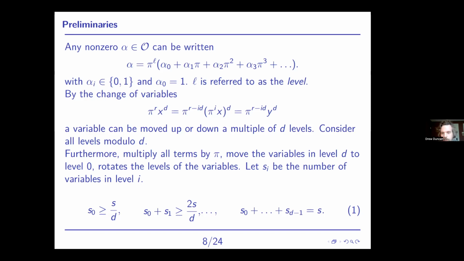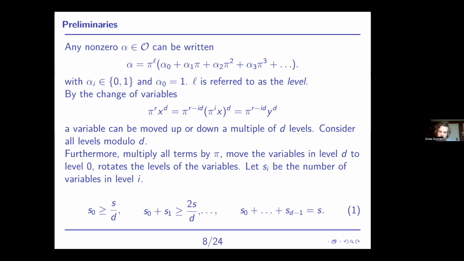So I'm going to refer to this L as the level, and more usefully, any time we have a variable that has a coefficient that has level L, we're going to describe that variable as being in level L. And so you can think of this as a sequence of bins, one for each of the possible levels, and the variables are going to be residing inside these bins.